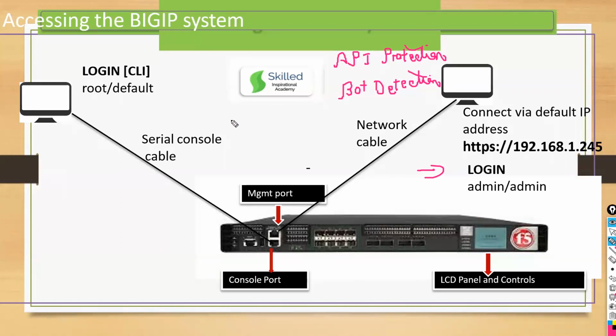Behavior analysis also. Nowadays, AI and machine learning are happening. So it helps you to protect using behavior analysis. Credential stuffing. Nowadays, a lot of attacks are happening where people are doing brute force attacks to determine your sensitive data. That is also protected by WAF. So that is why it is called advanced WAF.